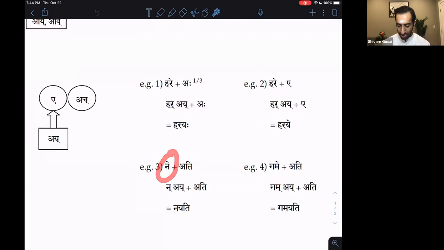Ne comes from ni dhatu, to lead, right? So ni dhatu becomes ne, then you add the suffix ati, and it becomes nayati. He, she, it leads. Game plus ati becomes gamayati, to make someone go.